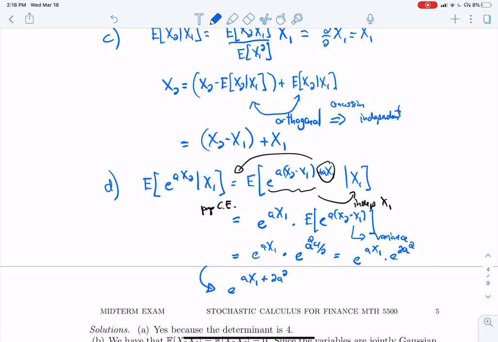Okay, so this has the form of an MGF of a Gaussian with mean x1, so a normal with mean x1 and variance 4. Okay, so this is kind of obvious already from here. This is the mean. Every linear term, I can always take it out, linear in the parameter. And what's left is this variable x2 minus x1, which has variance 2.